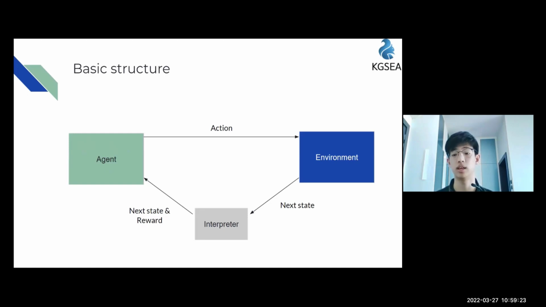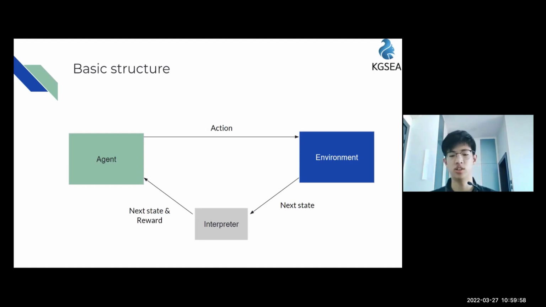So for example, in a game of chess, you might start off with a normal chessboard setup and your agent might tell you to move the F pawn, say, which I think is a terrible move, but it still does random things. So it does it, the environment reflects that and makes the change on the board, sends the changed board to the interpreter, and the interpreter will say, hey, that's a terrible move, or that's a great move, and send the reward accordingly to the agent as well as the next state. And that will just repeat until the game either ends or you win, or whatever.